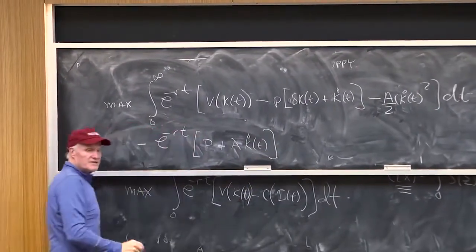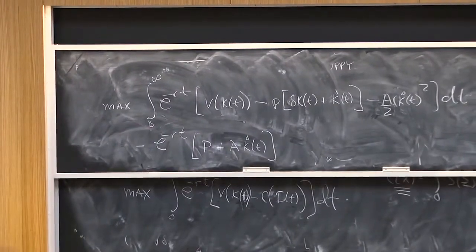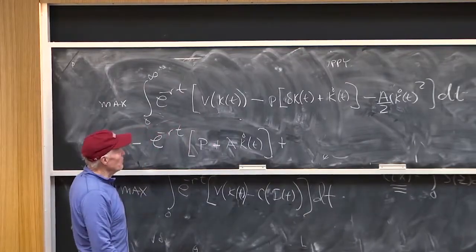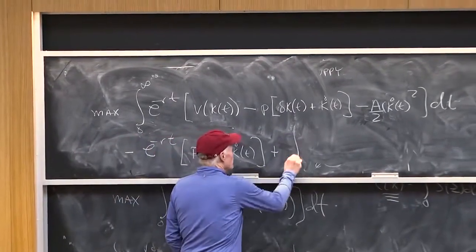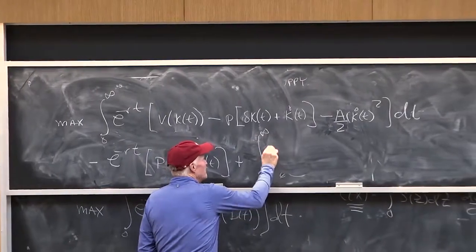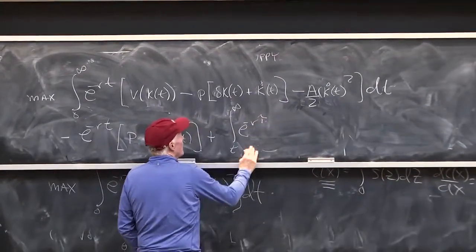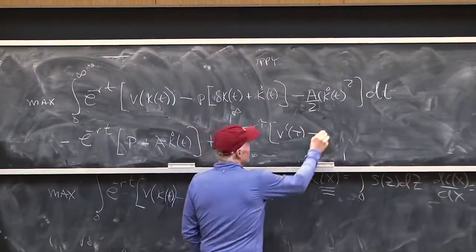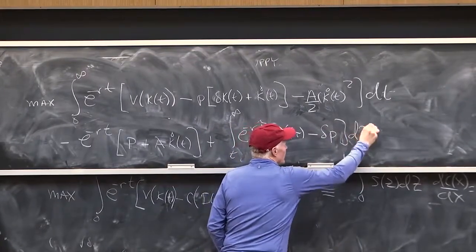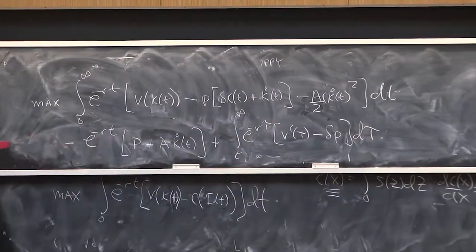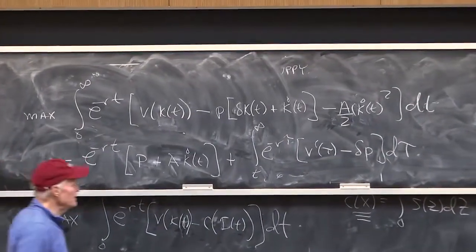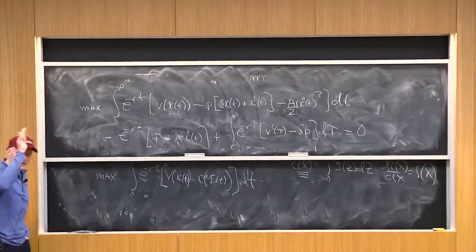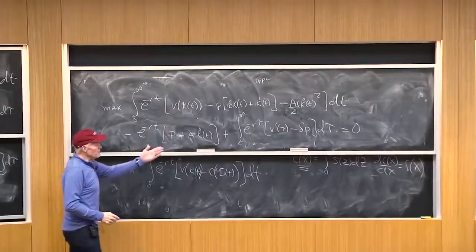That's the marginal cost of investment at date t, equals, plus, I'm going to get the integral of the future, which is the integral from t to infinity, e to the minus r tau, V prime of tau minus delta P, d tau. Right? Everybody agrees with that? That's going to be my first order condition. Because remember, I'm holding future k dots fixed, so I'm not changing future k dots at all. So that would be my first order condition.